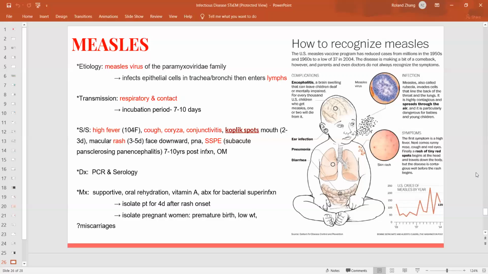You should really isolate the patient from pregnant women and elderly because of the higher rate of miscarriage and premature birth in pregnant women. And of course, measles is preventable with the vaccine in early childhood.